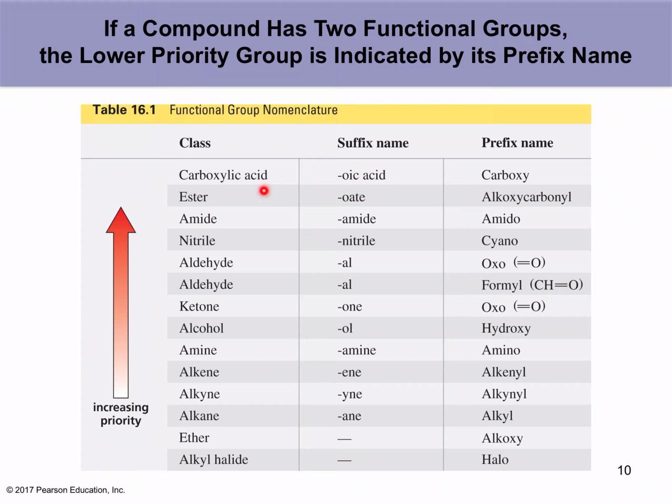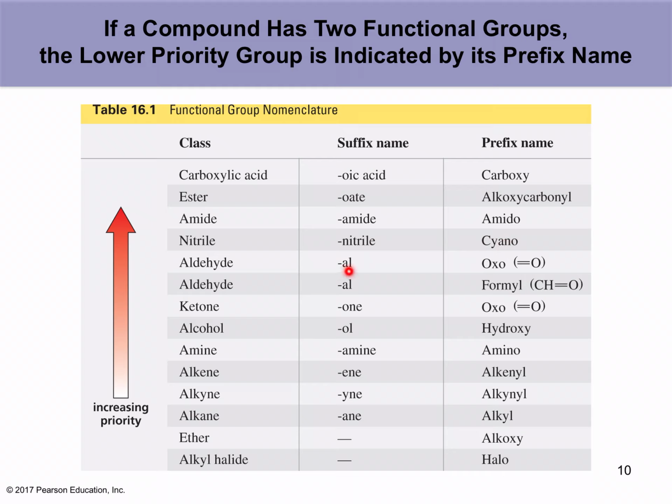If you have a carboxylic acid, it would end as oic acid. The ester would be oate, and the prefix would be alkoxycarbonyl. The prefix name for the carboxylic acid would be carboxy. Amide, amido. Nitrile, cyano is the prefix name.